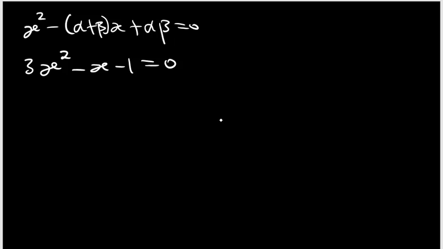In that case, we need to compare these two equations so we can get the value for alpha plus beta, that is the sum of the roots, and the product of the roots, that is alpha beta.